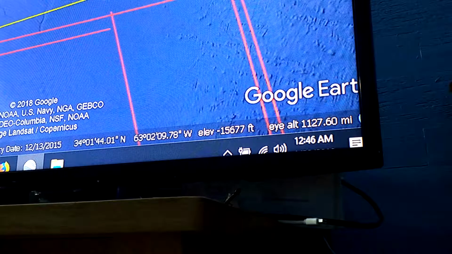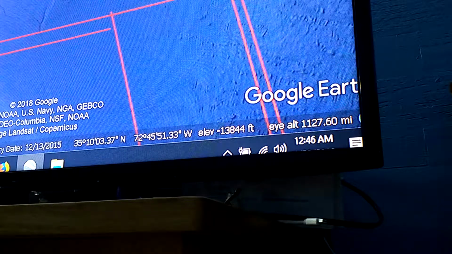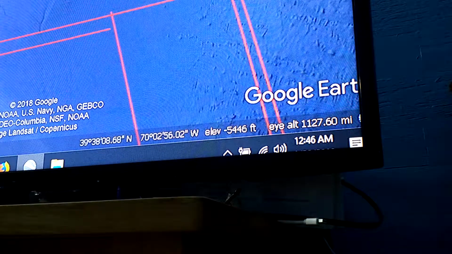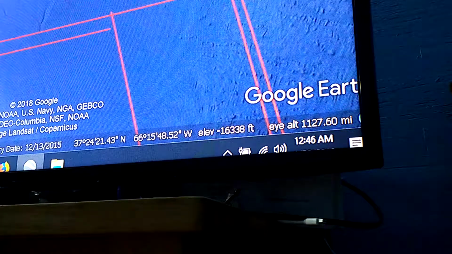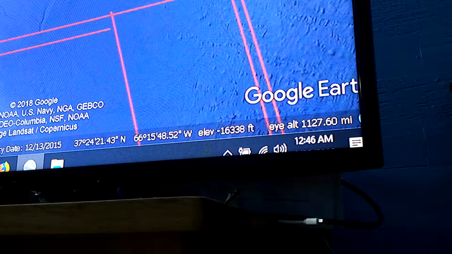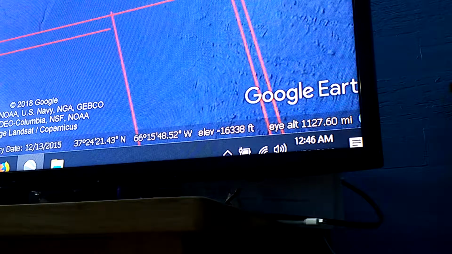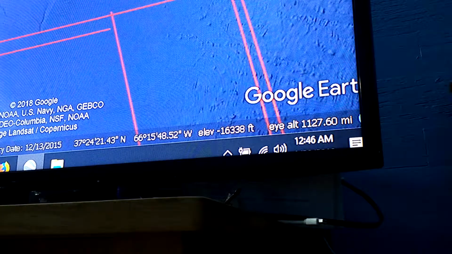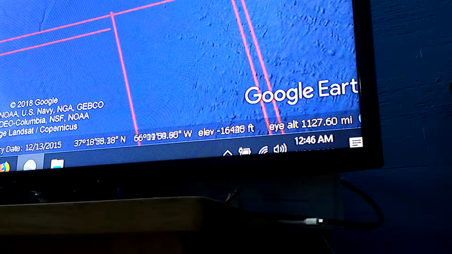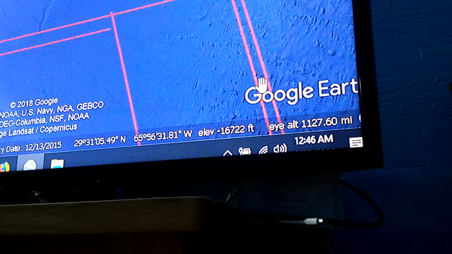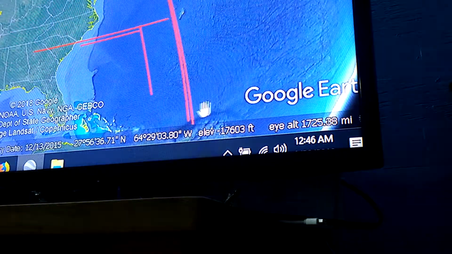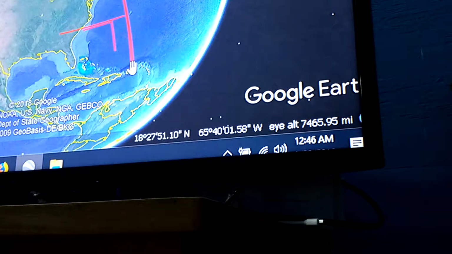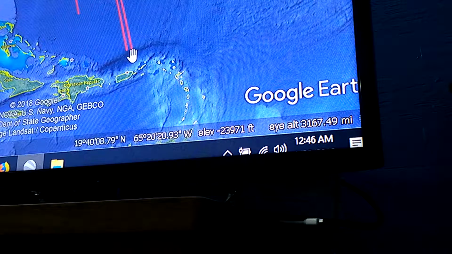And you can do the same thing. Clear this line out. The deepest part of the ocean here is going to be 1,200 miles, kind of north to south, and you've got about 16,000 feet of depth, and we're going to come down here to Puerto Rico, where it's about as deep as you can get, and look at that right there.